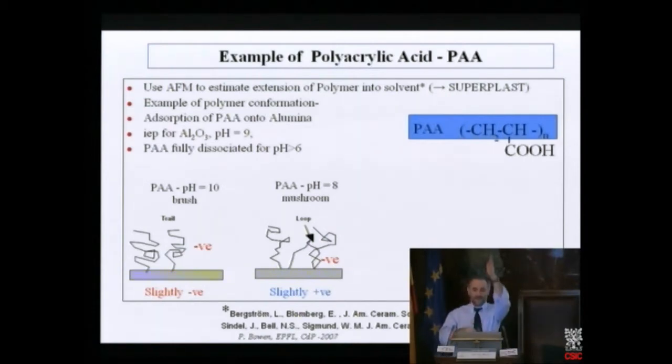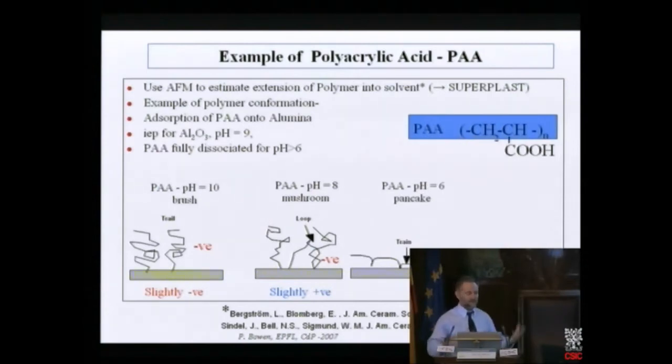If you plot the density on an axis, you see that the density is low at the beginning and increases as you move away from the surface. So you have a higher density of polymer segments at a certain distance from the surface. Then the pancake, or flat. You can see de Gennes was French, with his gastronomic description of how polymers adsorb on a surface. Flat as a pancake. Here we have the situation where the surface is highly positive and the polyacrylic acid is still negative, though we've dissociated a certain percentage of the groups, so we can attach at many points, and we have this flat, effective adsorption.